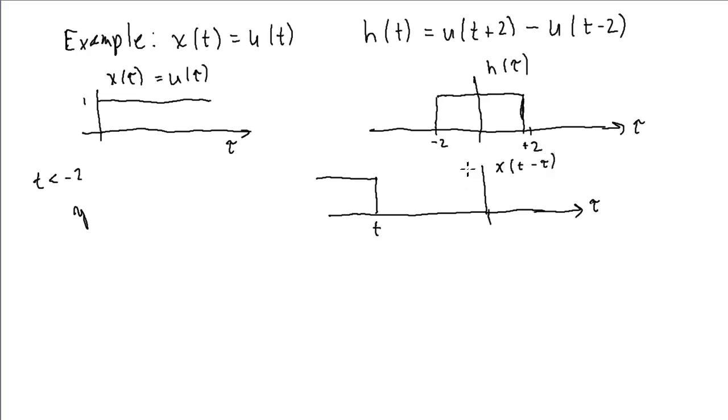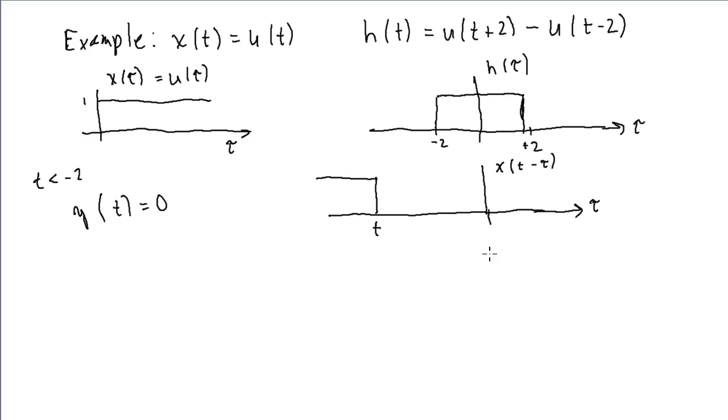Everywhere h of tau is non-zero, x of t minus tau is 0, as long as t is less than minus 2. So in this particular case, the integrand is 0, and y of t would be 0, again, for all t less than minus 2. It doesn't matter what t is, as long as it's less than minus 2.